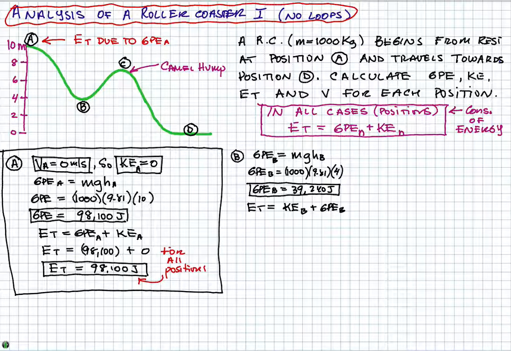And since I know the GPE and the ET, I can calculate the KE. So 98,100 is equal to KE B plus 39,240. So that means the KE is going to be equal to 58,860 joules.